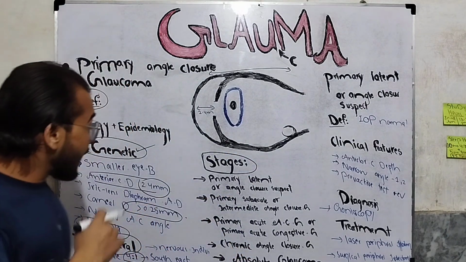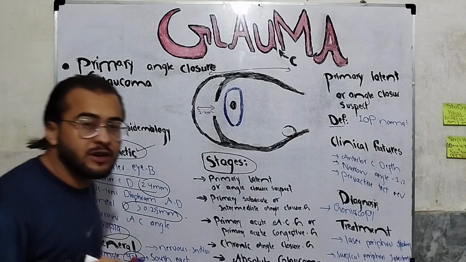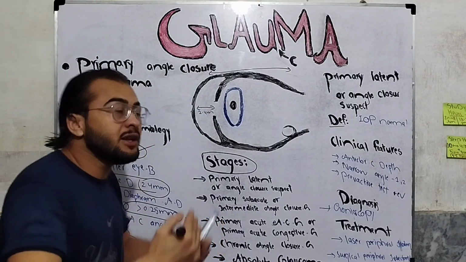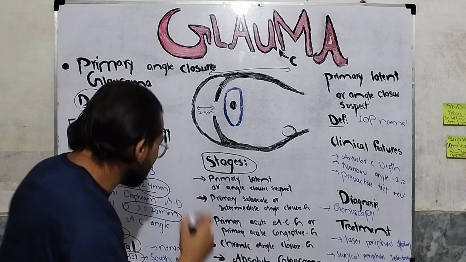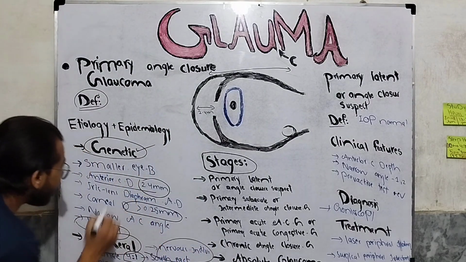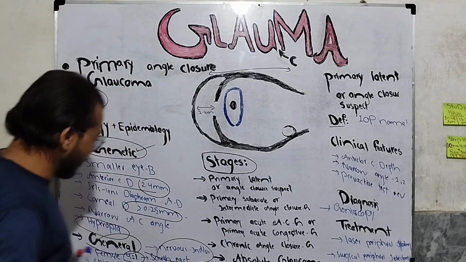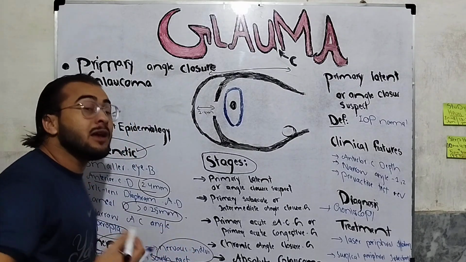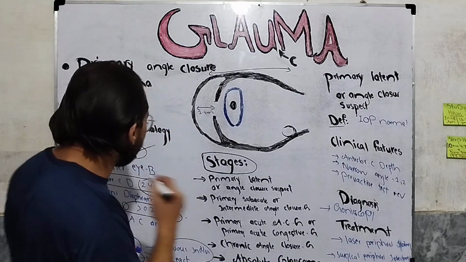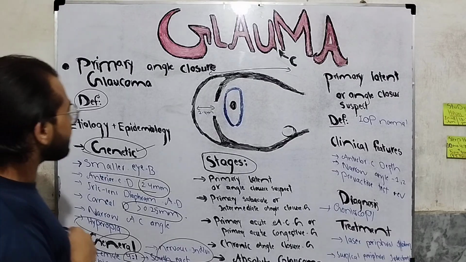And remember, nervous individuals, type A personality with unstable autonomic nervous system, are predisposed to angle closure glaucoma. The female, Chinese, Southeast Asian and type A personality are predisposed.